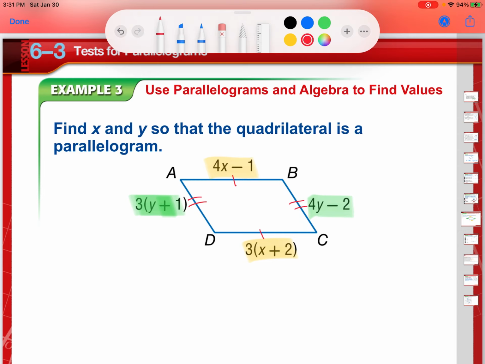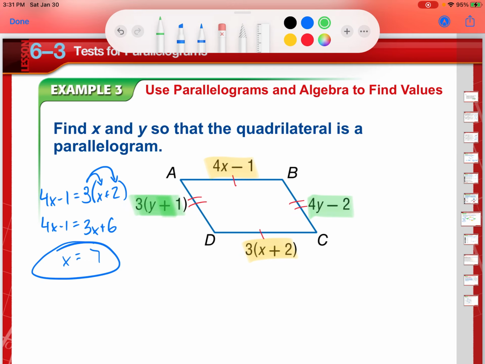Let's start over here on the left with the x's. We're going to say 4x minus 1 equals 3 times x plus 2. We have to distribute into the parentheses, so I'm left with 3x plus 6 equals 4x minus 1. So x equals 7.